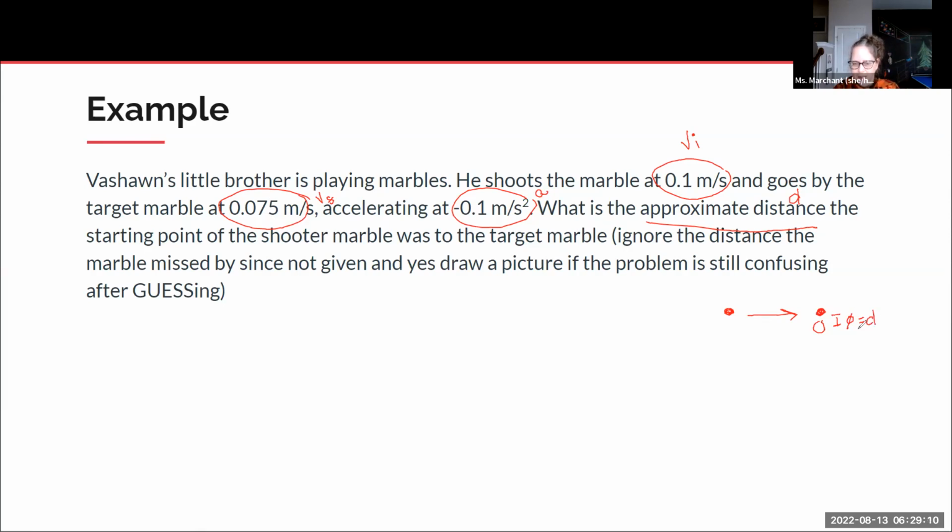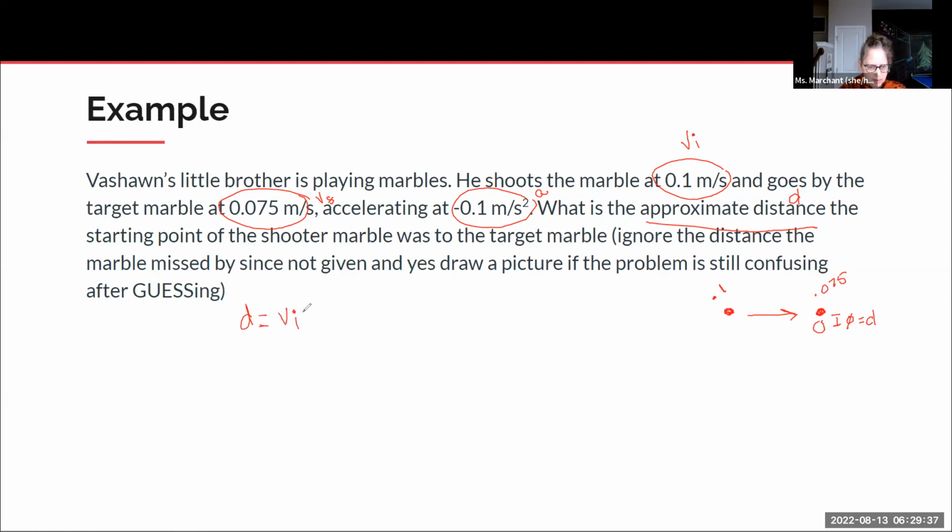There was no impact, so we don't have to work on any of our other momentum equations. So we started off at 0.1 and we ended at 0.075. It actually was slowed down, or decelerated a little bit, at negative 0.1. I want distance again, so let's see if we can do it with just one equation.